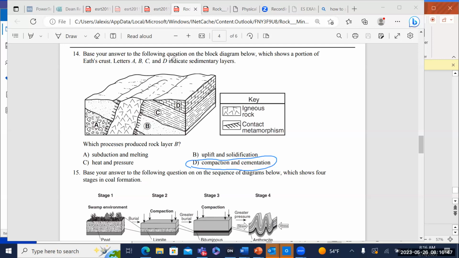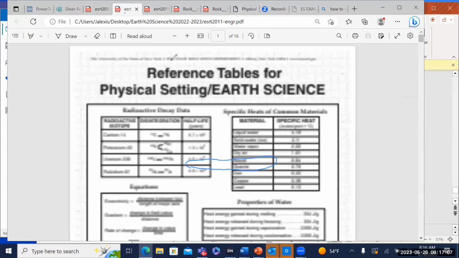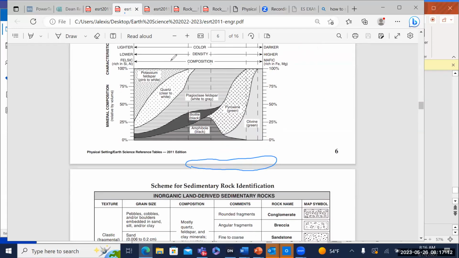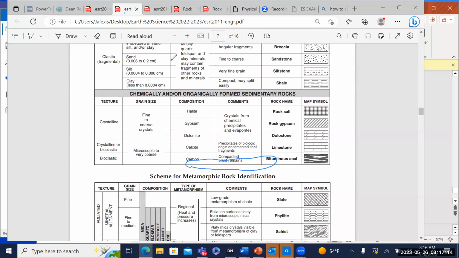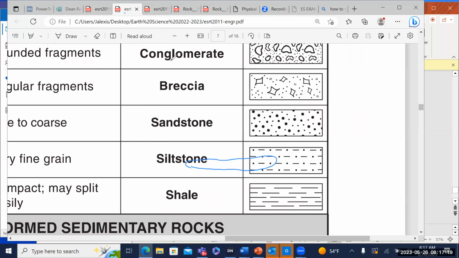All right. Another thing that you could have known, so let's say that you weren't sure what type of rock is layer B. You could have looked at the symbol given for B. And if I go to page 7 of my reference tables, then you'll notice that rock layer B's map symbol refers to sandstone, right?